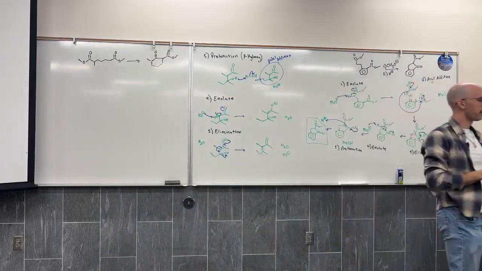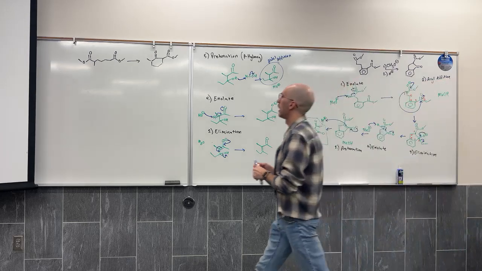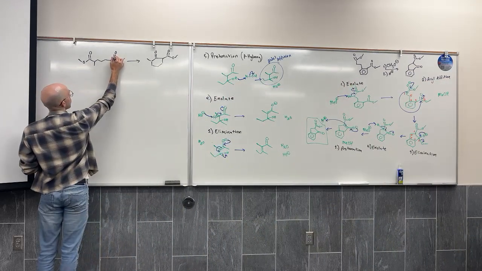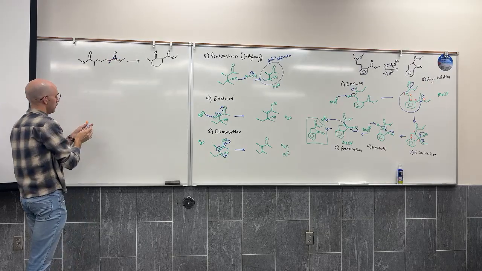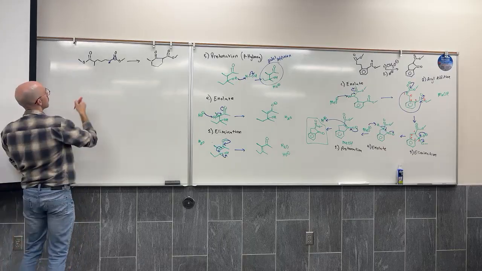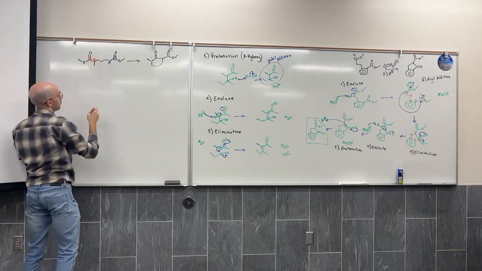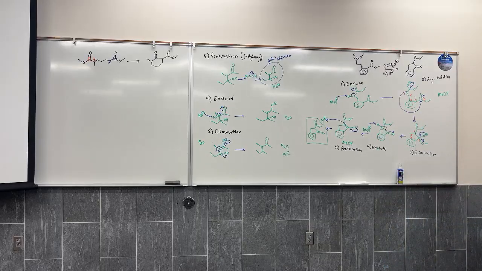If I label my alpha and beta positions, I'm going to label the ester on the right in blue, and the ester on the left in orange. Can you tell me which ester, blue or orange, becomes the ketone?